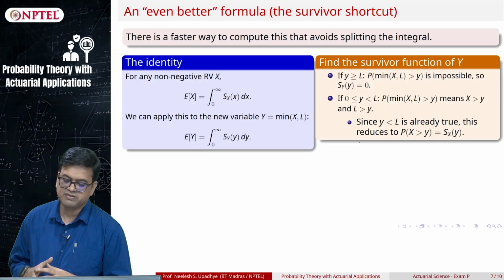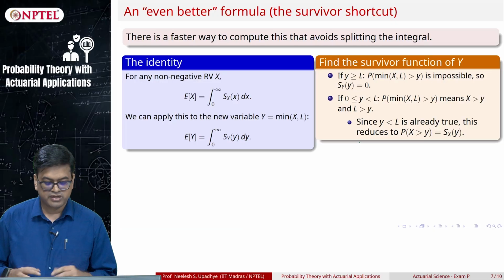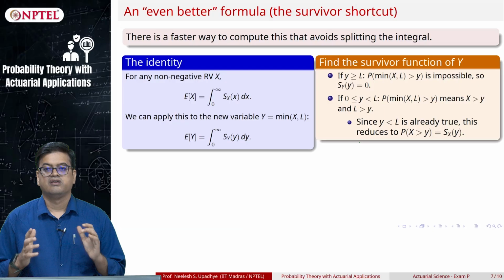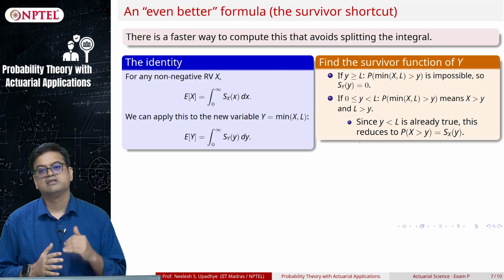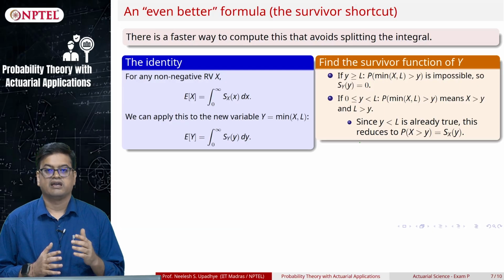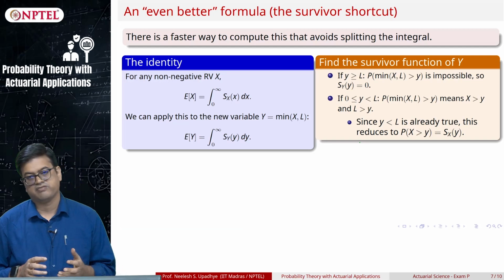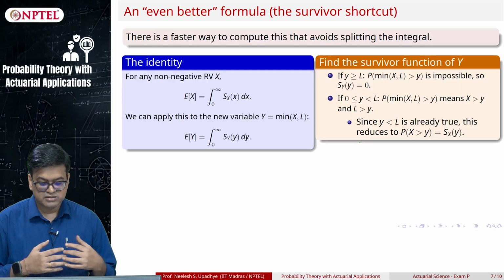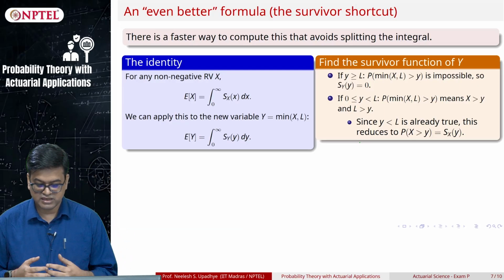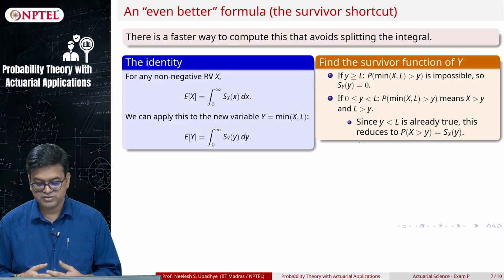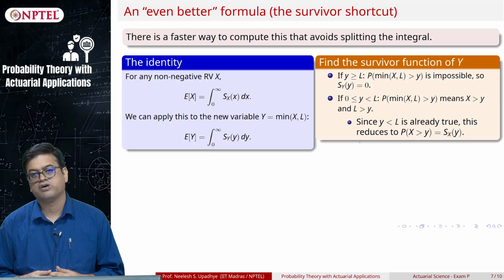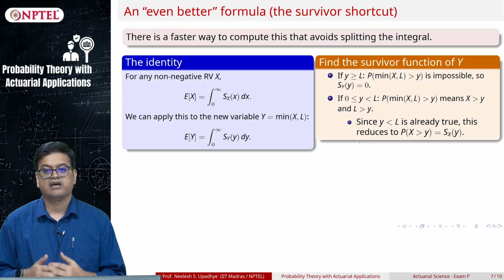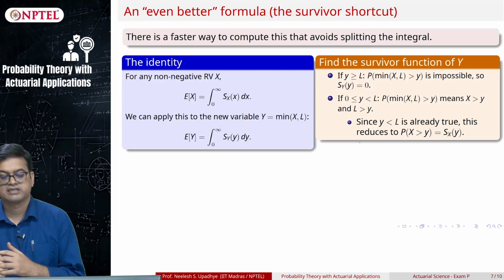Then if y is between 0 and L, that means x is greater than y and L is greater than y. Since y is less than L, which is already true, this reduces to only the probability of x greater than y. So in this region I have the probability of x greater than y.